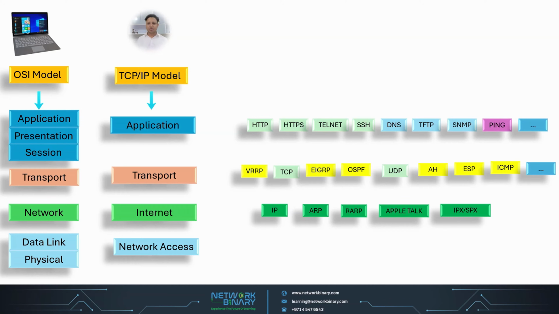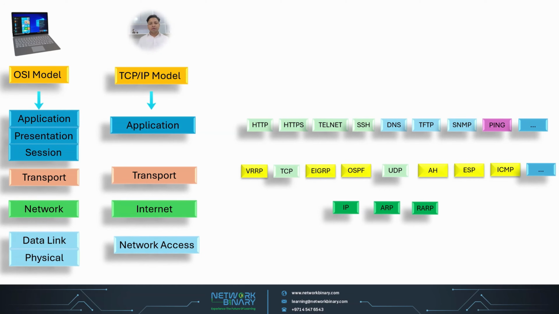We don't use them now. So let's remove them and shift these 3 protocols to the center. At the network access layer, we have Ethernet and different types of Ethernet or layer 2 hardware protocols like Ethernet, fast Ethernet, and other types. So these are others.